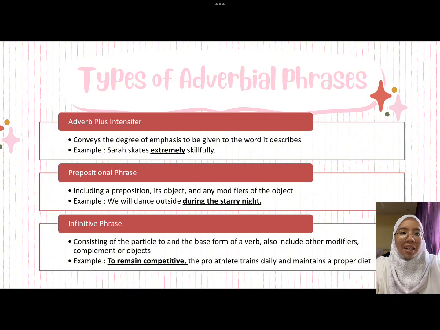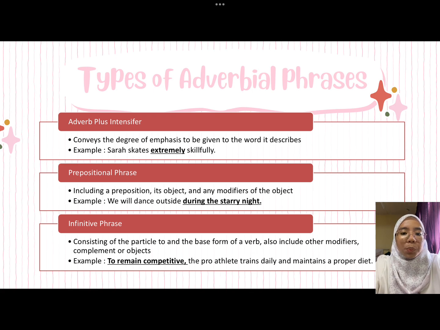For example, Sarah skates extremely skillfully. This sentence explains how skillful Sarah is when she skates. Thus, we can know that Sarah can skate extremely skillfully.